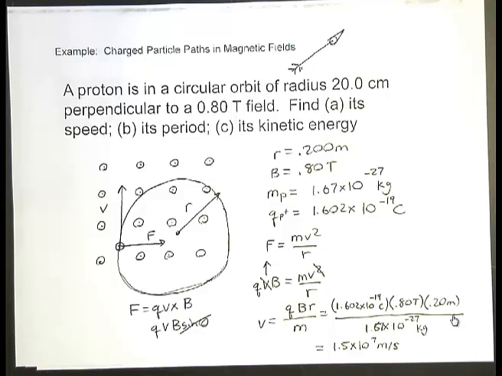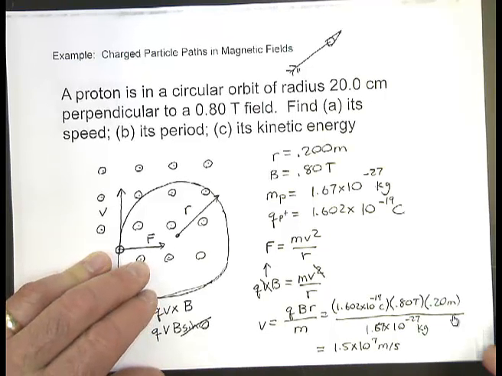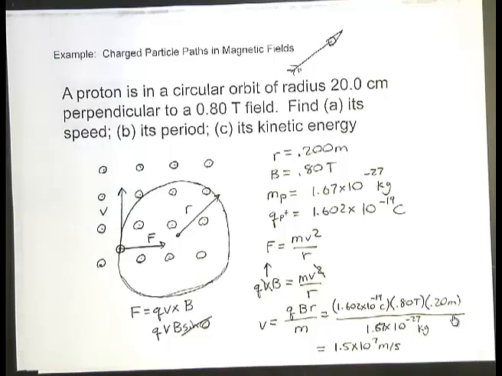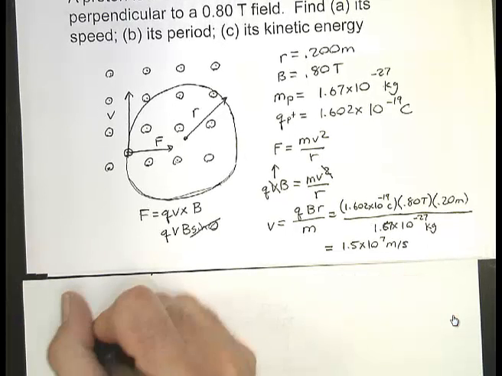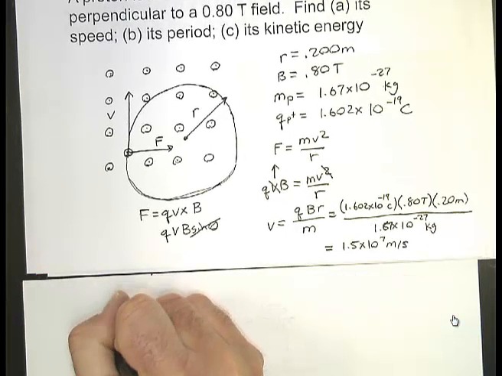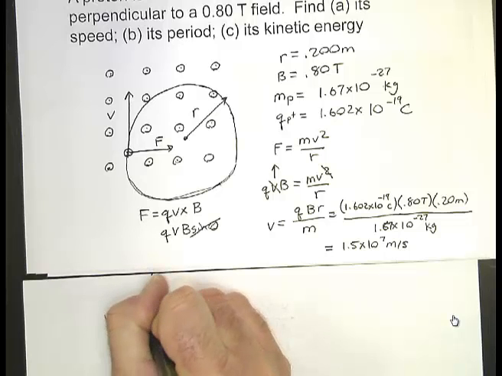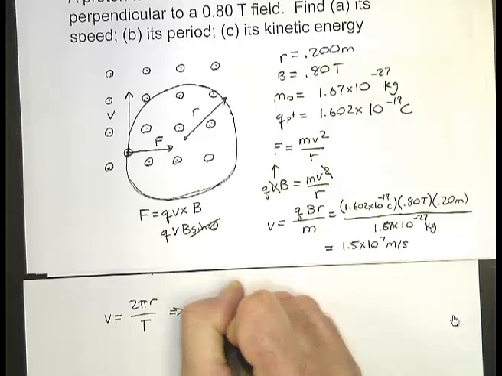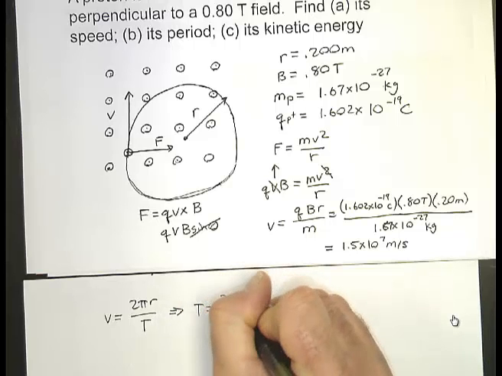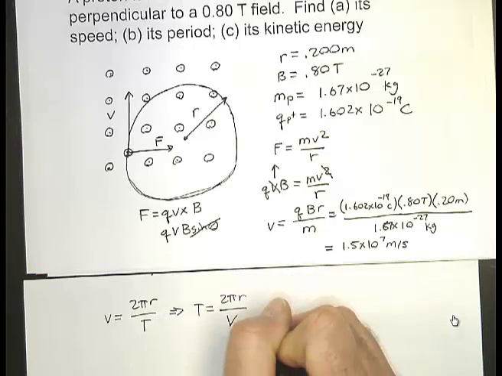Okay, so how do we get the period? Remember, the period comes from the velocity. This thing moves one circumference every period. Therefore, the period is equal to 2 pi r over the velocity.